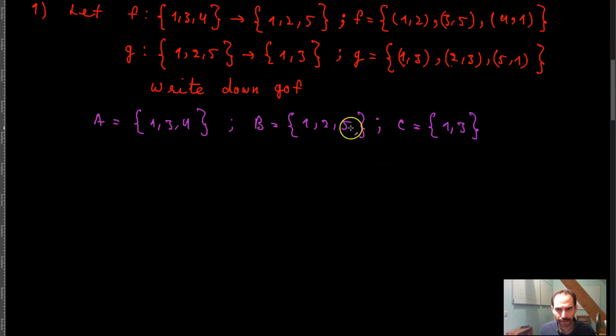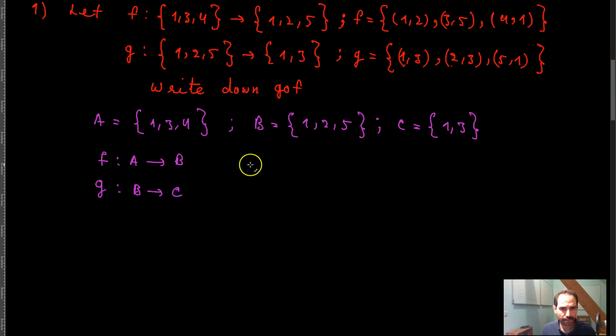So that means that f takes you from A to B, and that is f basically. That f is this function up here. And g takes you from B to C.